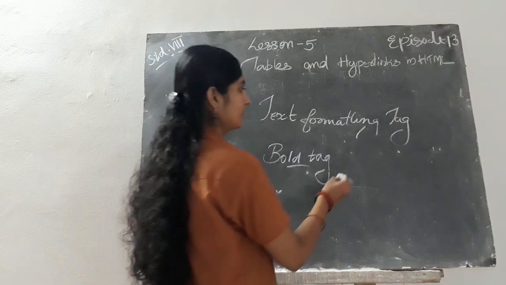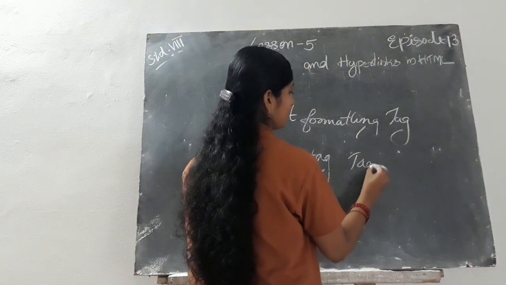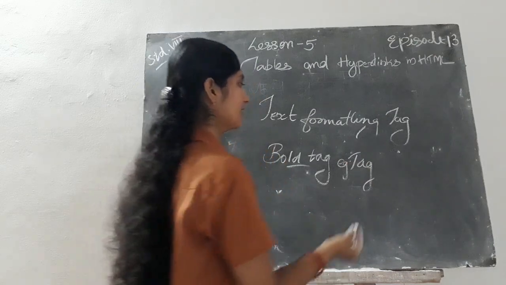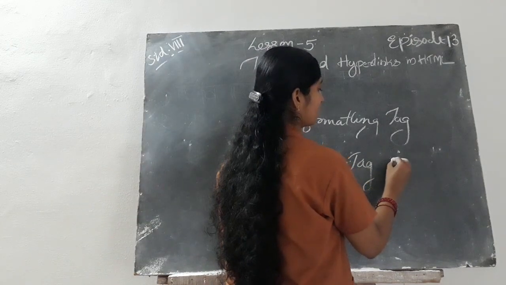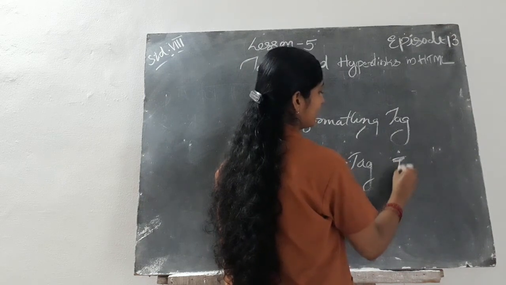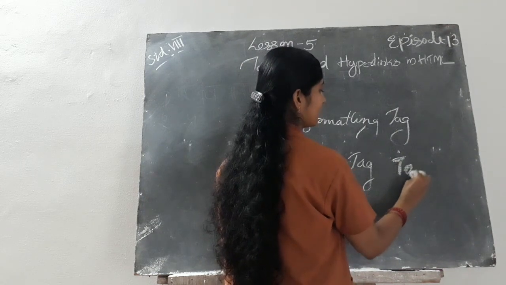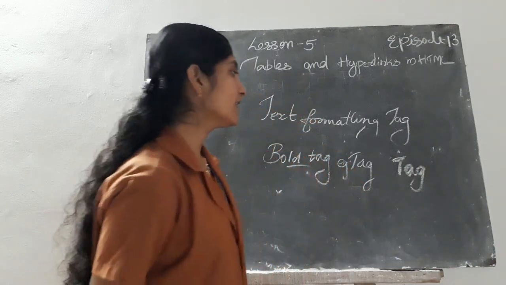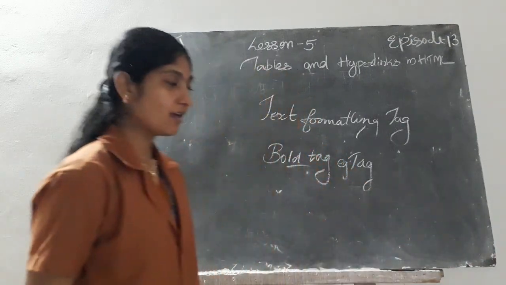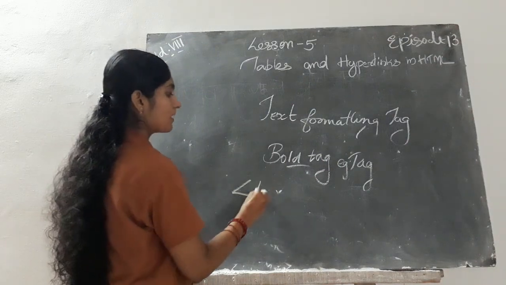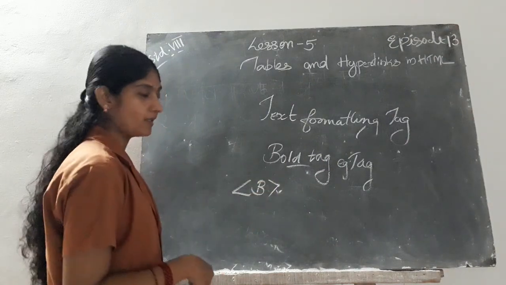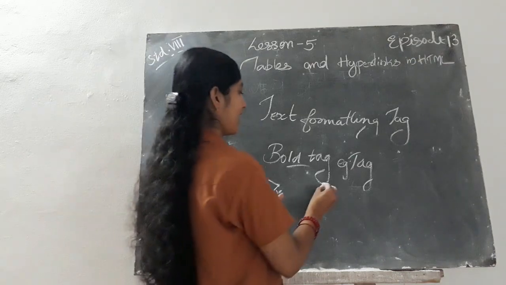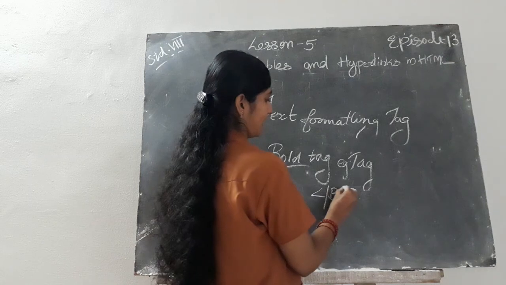For example, after applying bold, we can increase the thickness of the text. That is bold. So the bold tag can be represented using the letter B. B for bold. That is the opening of the bold tag and the closing of the bold tag.